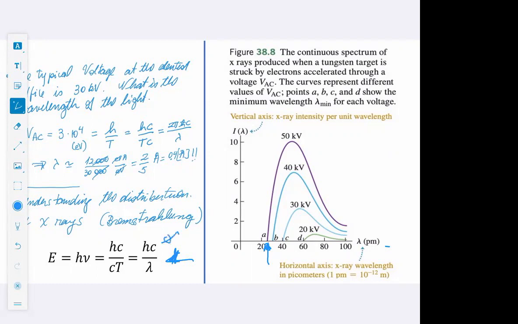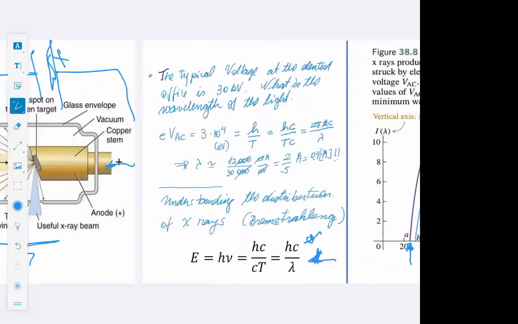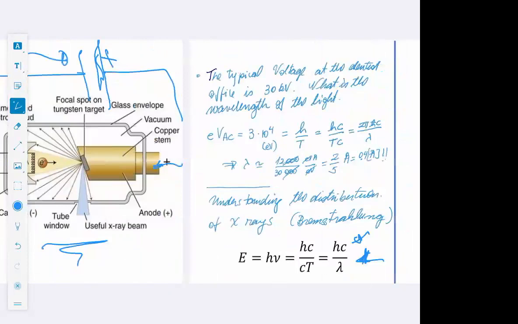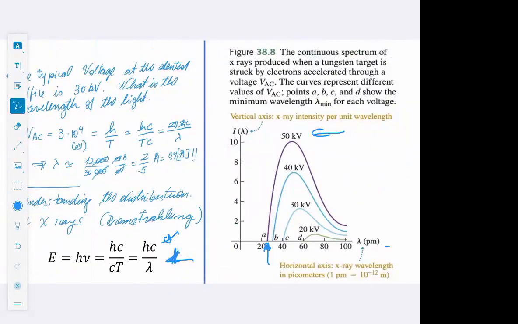If one compares with this equation here, this voltage here is the high voltage that you put here. We are changing that voltage from 20 kilo electron volts to 50 kilo electron volts.